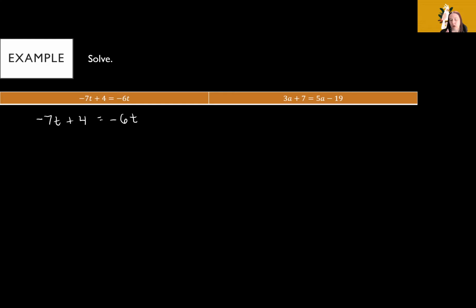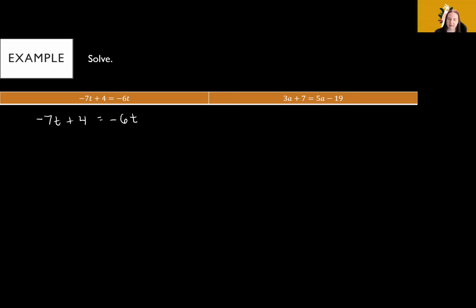We have only a variable on the right, so it saves us steps if we move the variable to the right side. It will actually be less work. So even though I prefer my variable on the left, it will be less work if I keep my variable on the right. I always move my variables first before I do any numbers, because your goal is to get the variable by itself.